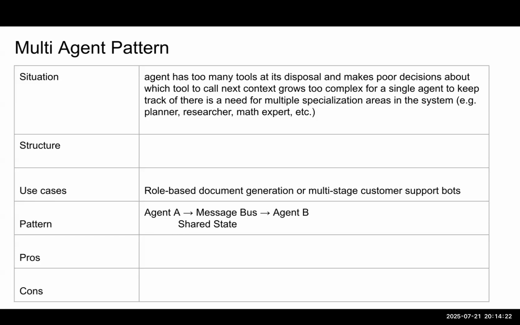Why do we need multi-agent? It is very similar to when I was talking about React having limitations. As the number of tools and thoughts goes higher, it struggles in infinite loops. Similarly, when you put too much responsibility into an agent, it is going to make poor decisions.